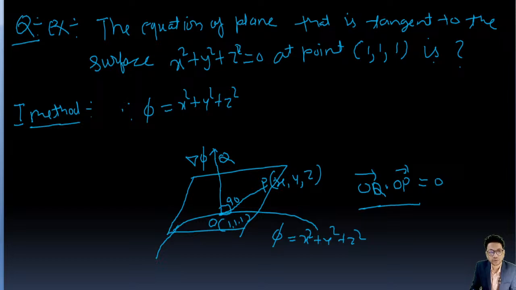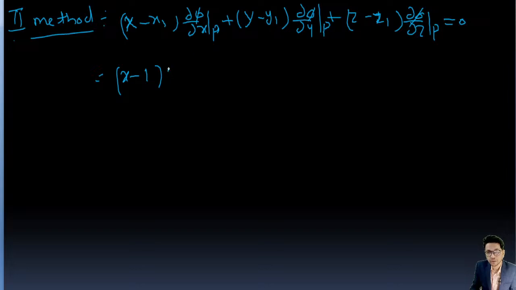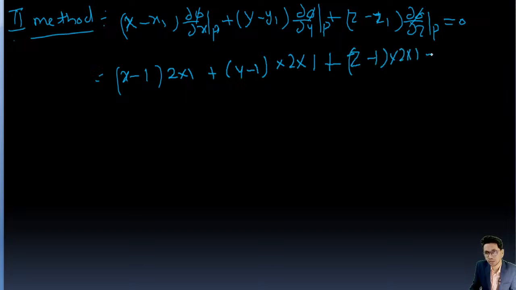So this is 2 into 1 plus y minus 1, and differentiating phi with respect to y at point 1, 1, 1 is also 2 into 1. Similarly, z minus 1 into 2 into 1 equal to 0.